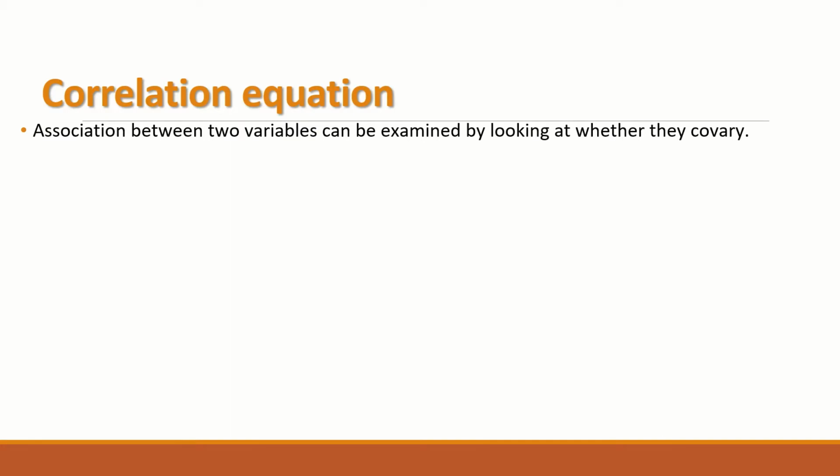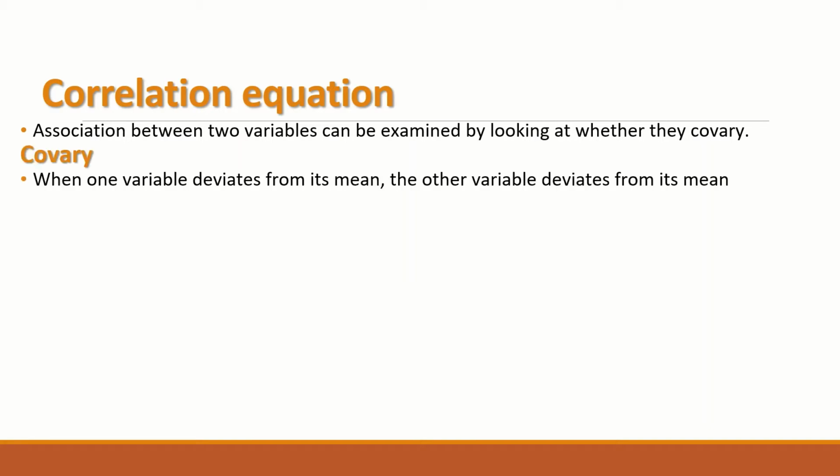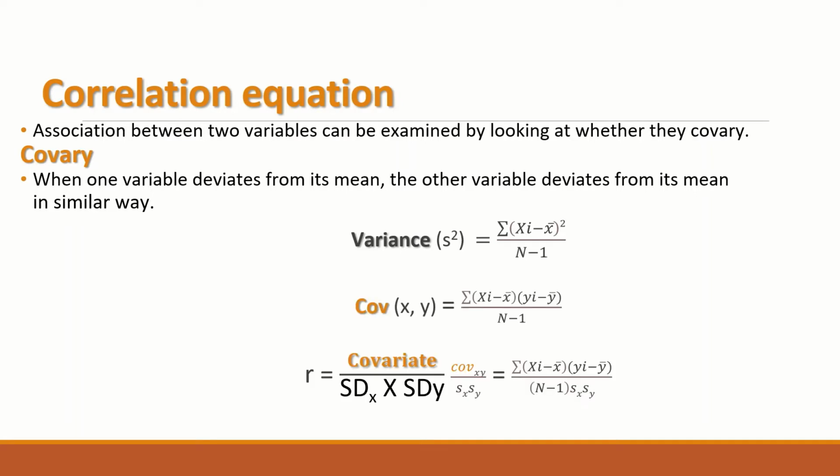Association between two variables can be examined by looking at whether they covary. What does covary mean? When one variable deviates from its mean, the other variable deviates from its mean in a similar way. There is an equation to follow.